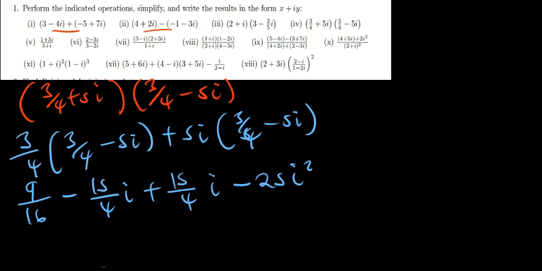Now we can clearly see that these two things can be cancelled out. It's going to give us 0. Then I'll end up having 9 over 16 minus 25i squared.